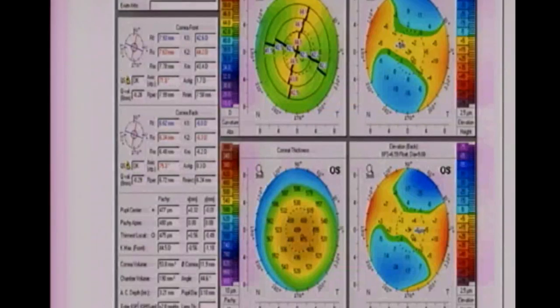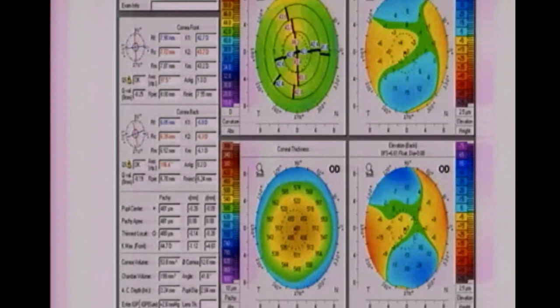The AC depth here is 3.21. Okay. This is the left eye. This is the right.